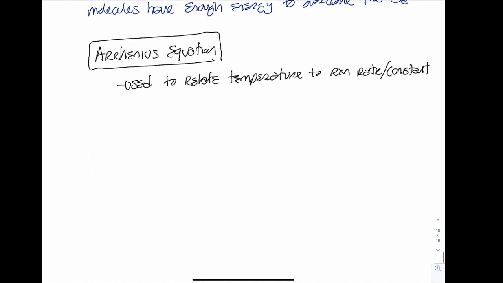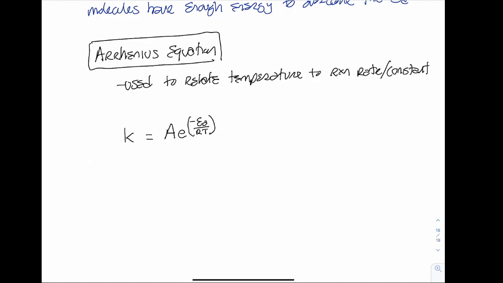So it looks kind of weird at first. I am going to rewrite it a few times. So k, that's my rate constant, is going to be equal to a capital A, which I'll talk more about in a second, times e, the inverse natural log, raised to the negative EA, my activation energy, divided by R, which is our gas constant, and then T for my temperature.